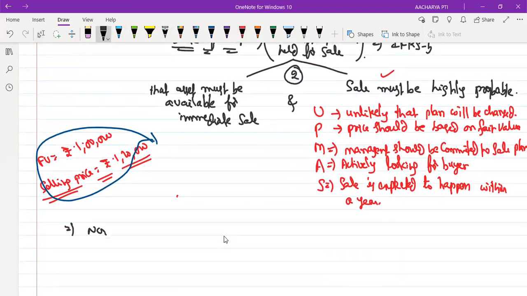Generally, if any asset is classified as non-current asset held for sale, then no depreciation is provided.